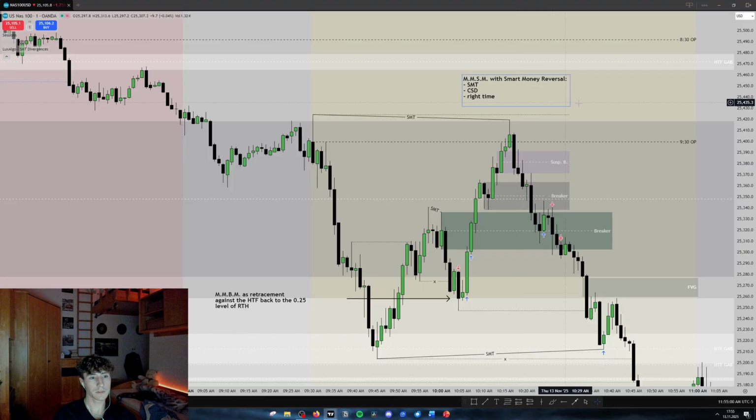But as you know, I don't really want to trade market maker models which only refer to a retracement, because quite often we form SMT, and in that case we did that as well.